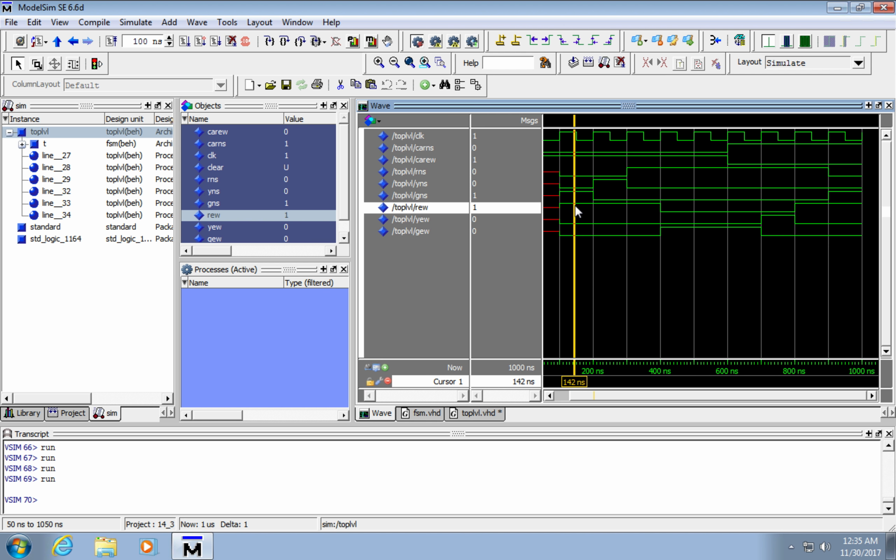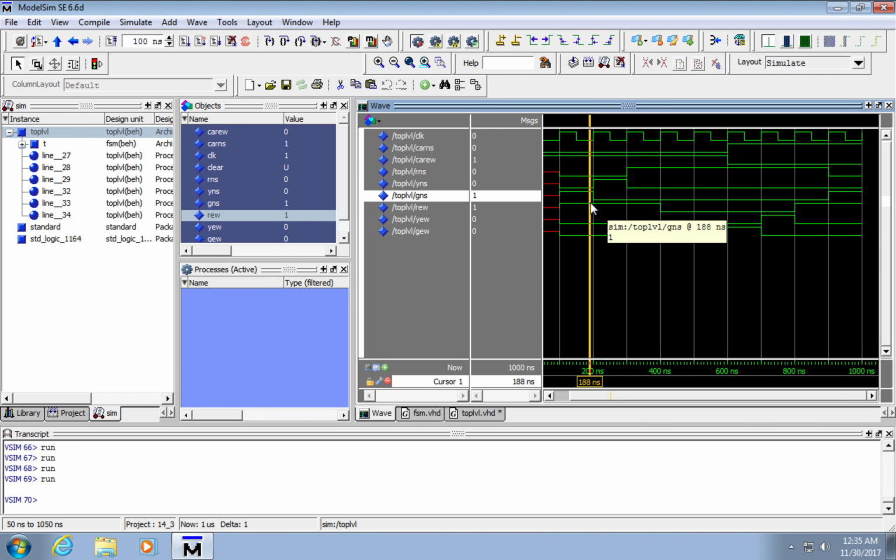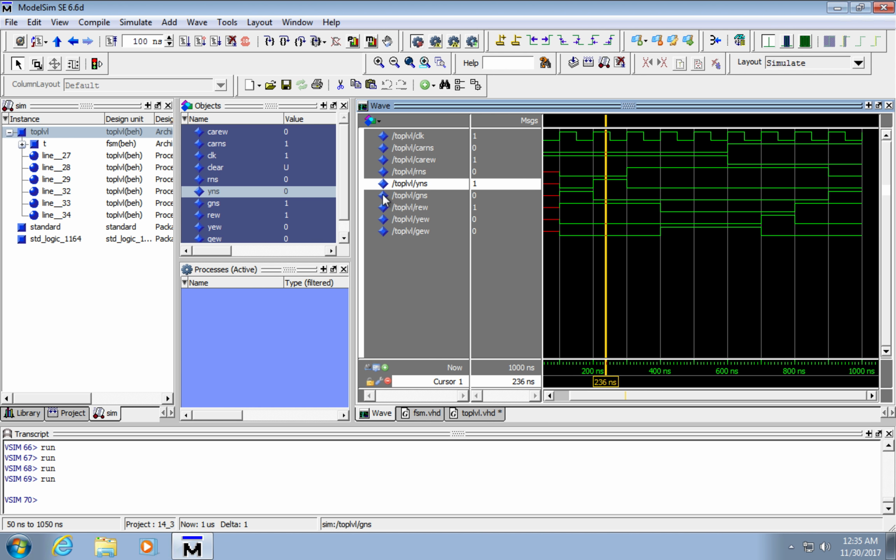It will be that way until the next rising clock edge, where it'll change from state 0 to state 1 because car east-west is a 1. And here, to prove that, north-south has changed from green to yellow.